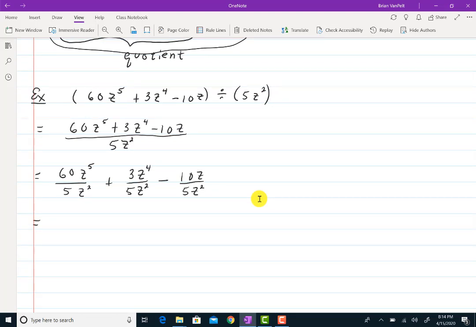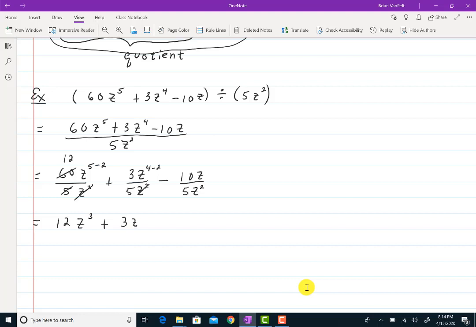And so for this one, 5 goes into 60 12 times, and the z squared can go into the z to the 5th. So for that particular piece, I'll have 12z cubed. Now for my next one, 5 and 3, I can't do anything about those, but z squared can go into z to the 4th by subtracting that exponent.